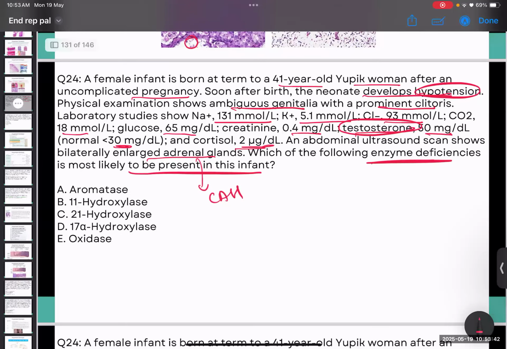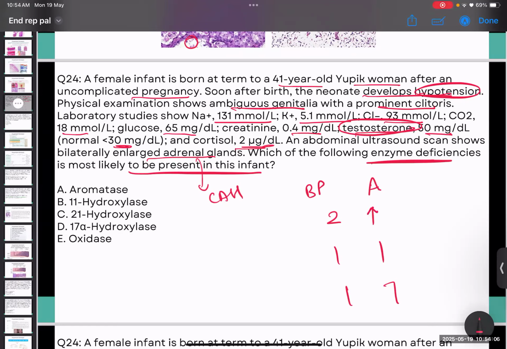So the way I would remember the clinical manifestations of each adrenal deficiency would just be by doing this. I would write 21, 11, and 17. Then I would write the blood pressure and the virilizing symptoms. So in 21, you have virilizing symptoms, but you have low blood pressure.